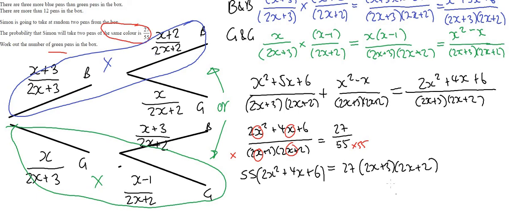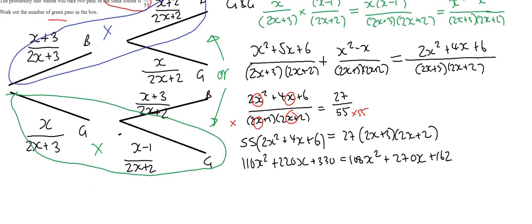Now all I've got to do is, again, expand these brackets and multiply them by 27, and then multiply this side by 55. I do all of that, I get 110x squared plus 220x plus 330, which is equal to 108x squared plus 270x plus 162.